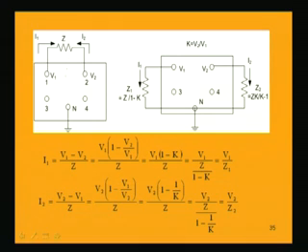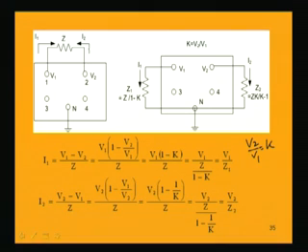I1 equal to V1 minus V2 by Z, that can be written as V1 into 1 minus V2 by V1 divided by Z. Again, V2 by V1 is nothing but the voltage ratio K. So, we can write it as V1 into 1 minus K by Z, and again we can write it as V1 by Z by 1 minus K. So, finally, we are getting an expression which is V1 by Z1, Z1 for Z by 1 minus K we are writing, and this is the current which is flowing in this circuit.